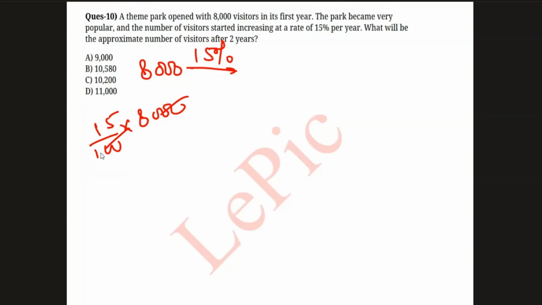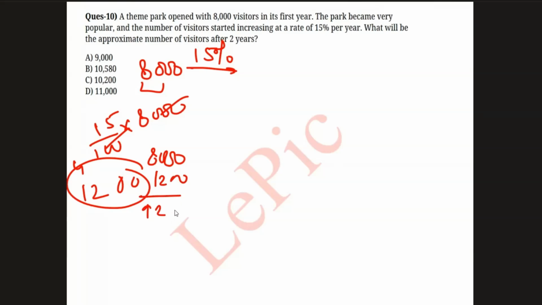So it is 1200. You will add 1200 to the initial value, which is 8,000. So 8,000 plus 1200 will be 9,200, which means after the 15% increment, the value becomes 9,200.